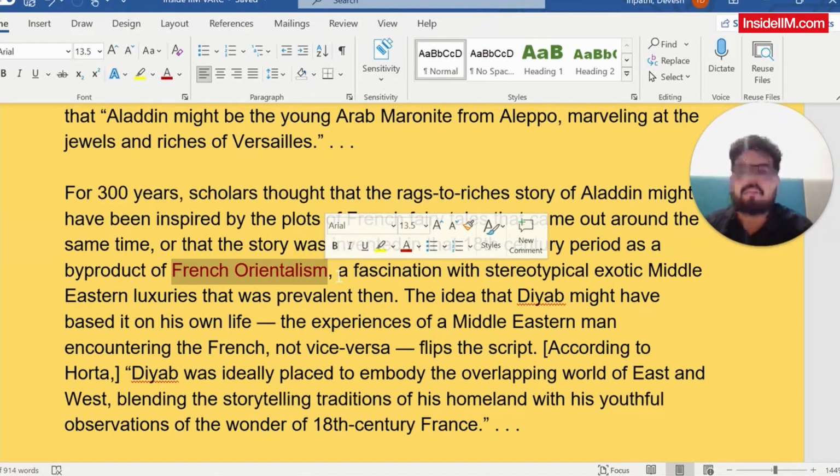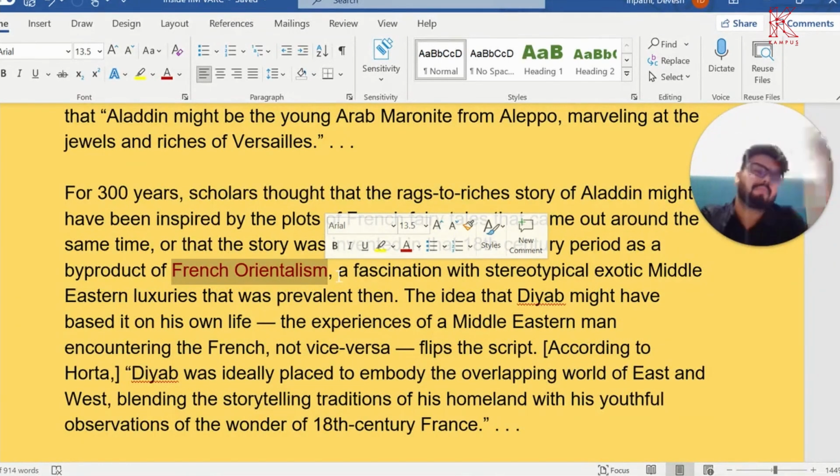The idea that Diab might have based it on his own life, the experience of a Middle Eastern man encountering the French and not vice versa. Now, Diab might have based it on his own life, the experience of a Middle Eastern man visiting France, and not a French person getting accustomed to Middle Eastern culture through French Orientalism, flips the script. So what was the script? The script was that the French are attracted, and due to French Orientalism, they are writing this book.